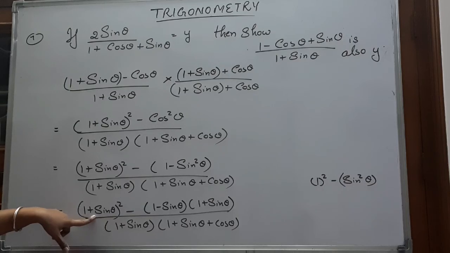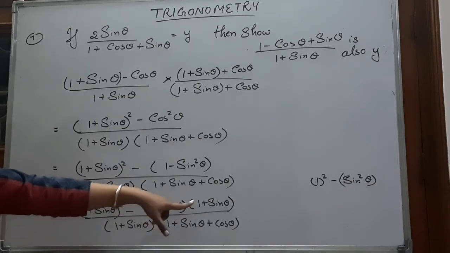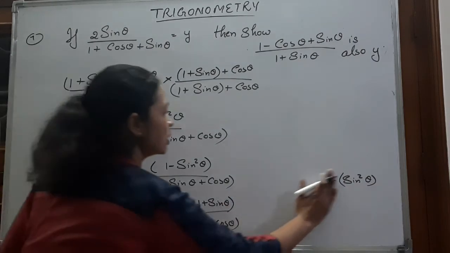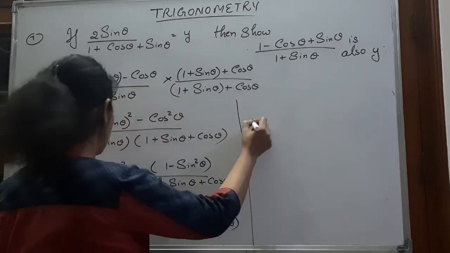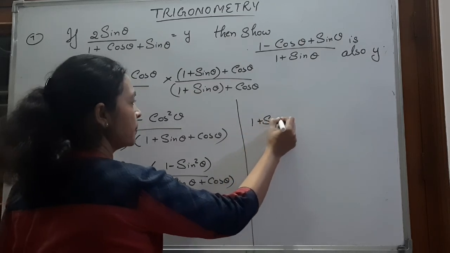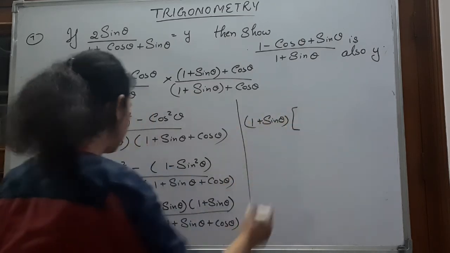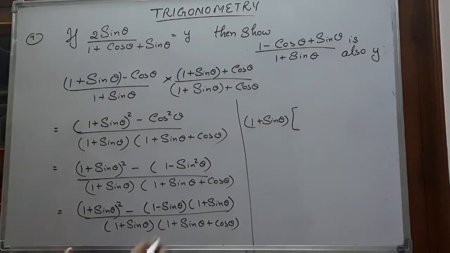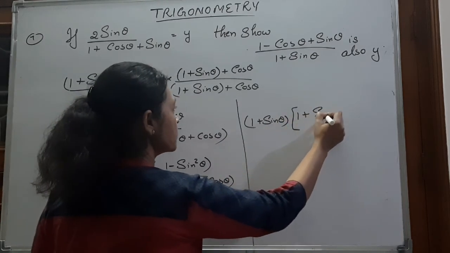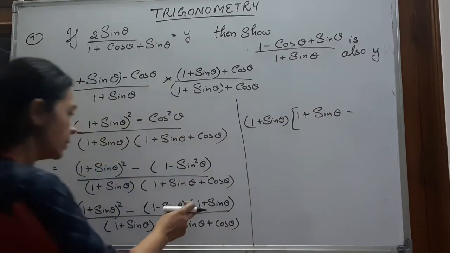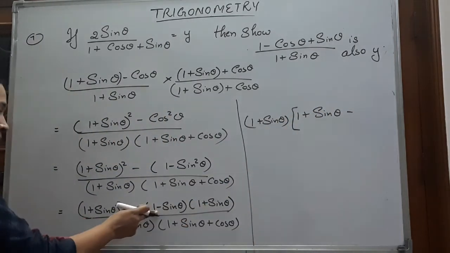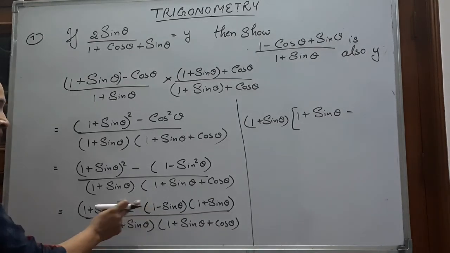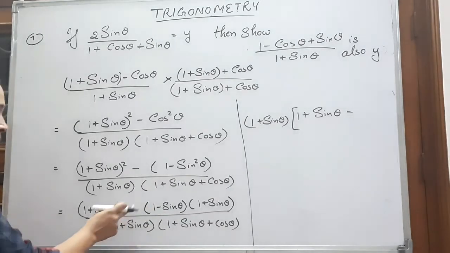So we have 1 plus sin theta whole square here, and here also we have 1 plus sin theta. What is common? 1 plus sin theta is common. What is left inside? 1 plus sin theta minus, this term we have taken as common. What is left? 1 minus sin theta, but we have a minus sign outside.